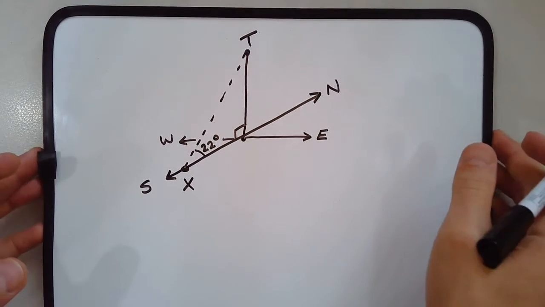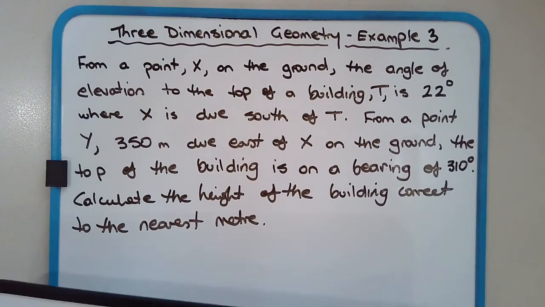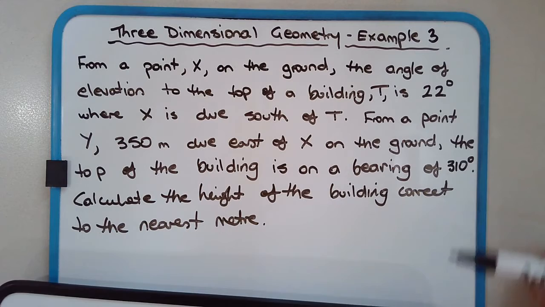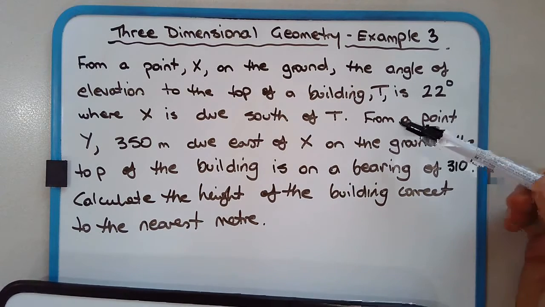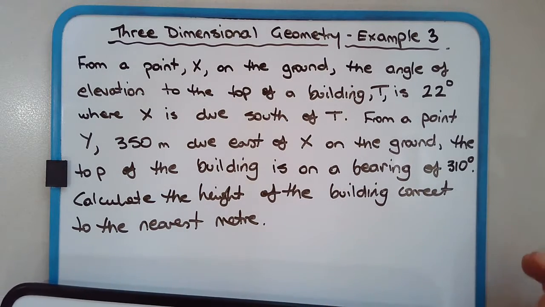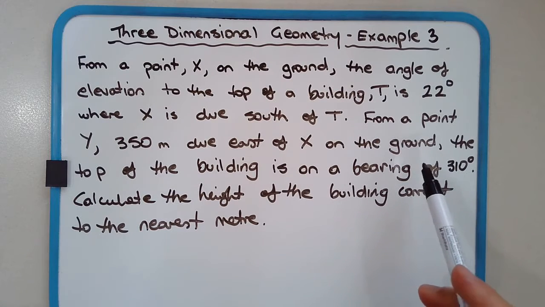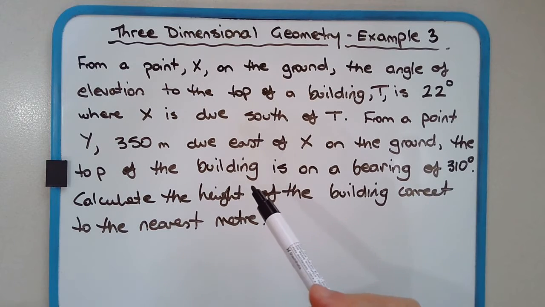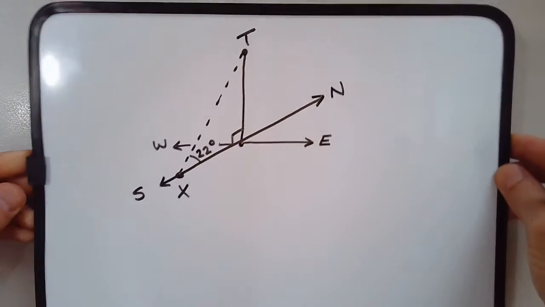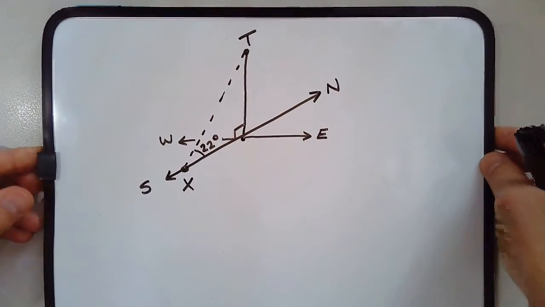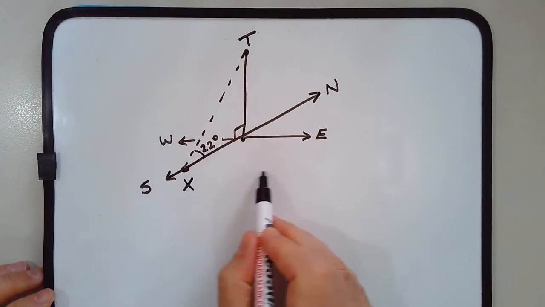Now let's have a look at the next bit of information. It says from a point Y, 350 meters due east of X on the ground, the top of the building is on a bearing of 310 degrees. So this point Y is due east of X. East is in this direction, isn't it?